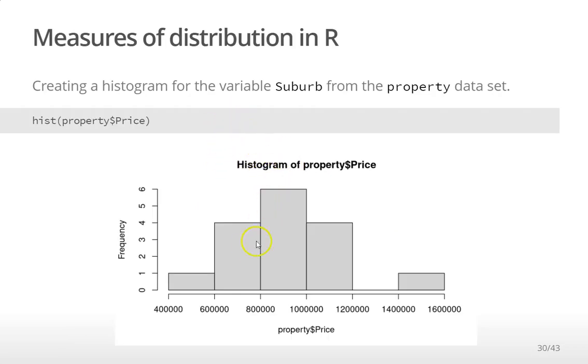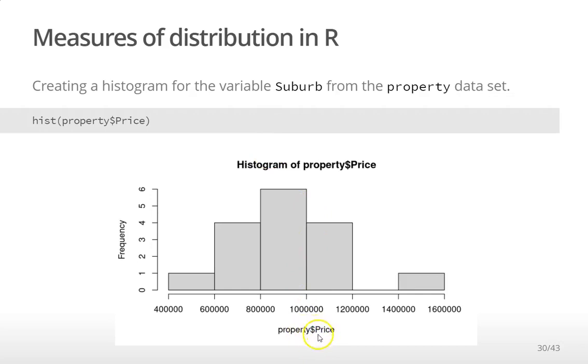In this slide, I want to investigate how I can develop a histogram for the price variable from the property data set. The function is hist, and the price variable and the data set are going to appear here. And this histogram will be generated. However, I'm not very happy with this histogram for a few reasons.